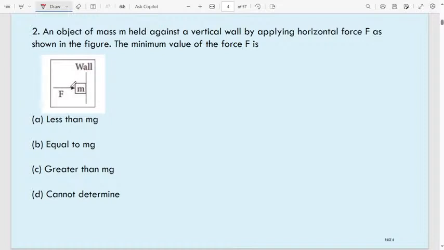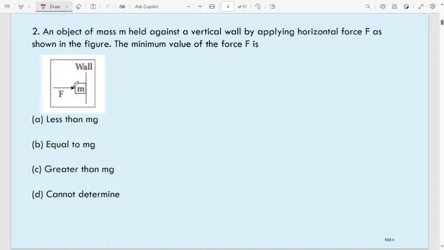Then by applying a horizontal force F as shown in the figure, the minimum value of the force F is, what value of the force are they asking here? Option A, less than mg, mass into gravity; B, equal to mg; option C, greater than mg; option D, cannot determine.